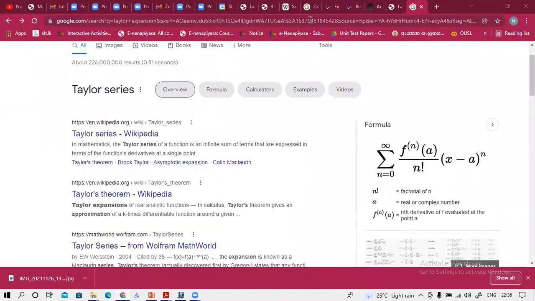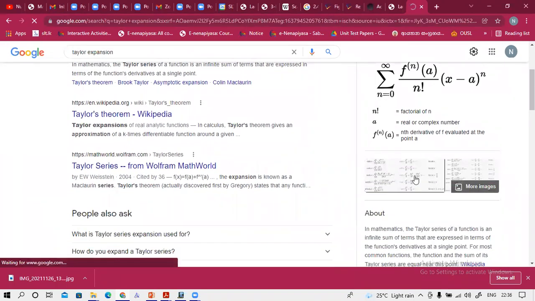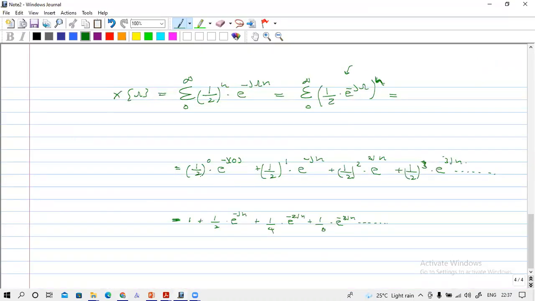I couldn't find any similar expansion here, so I think we can use the same knowledge.